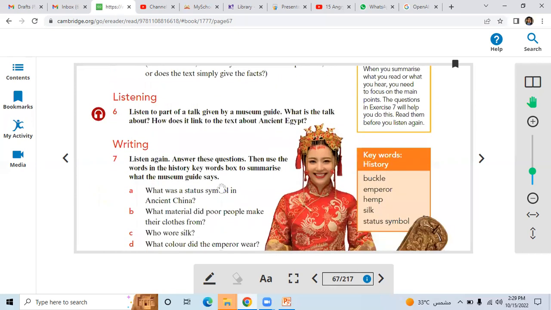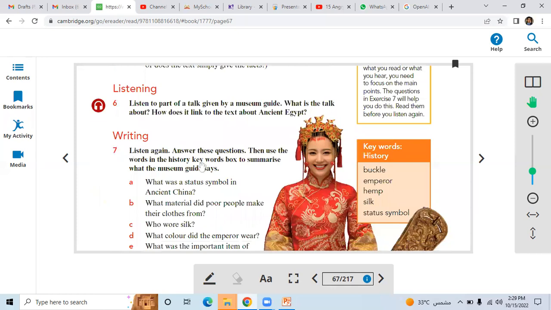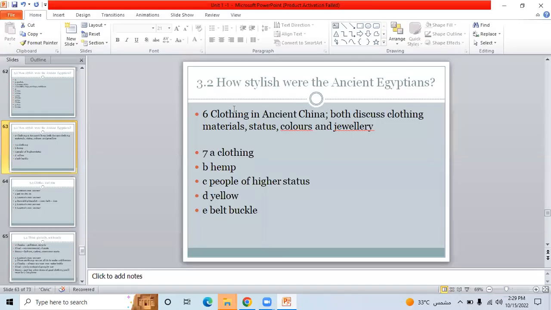We have discussed this. Question number 6, we were listening to an audio track. Let me show you the answer: what is the talk about, and how does it link to the text about ancient Egypt? Here you can see clothing of ancient China. Both discuss clothing material, status, color, and jewelry.